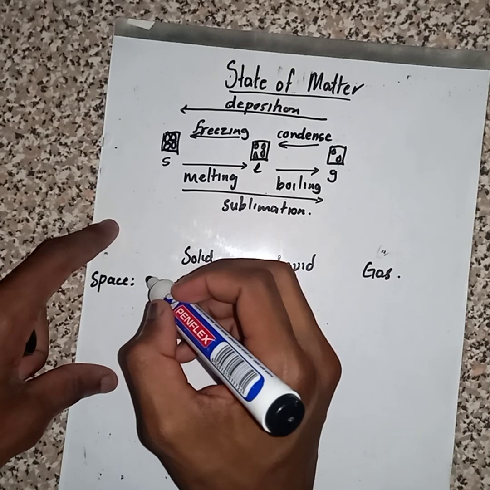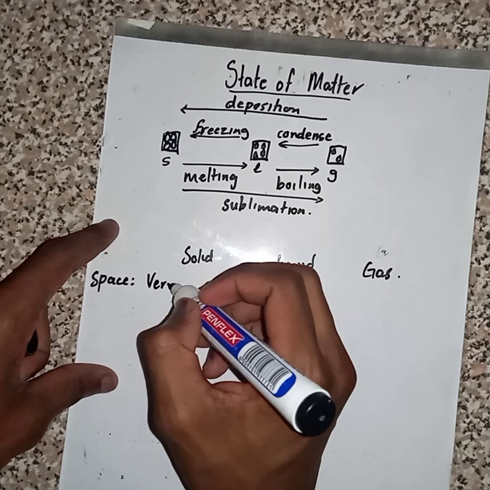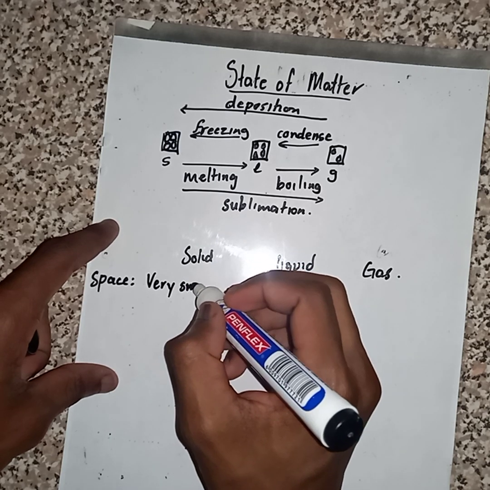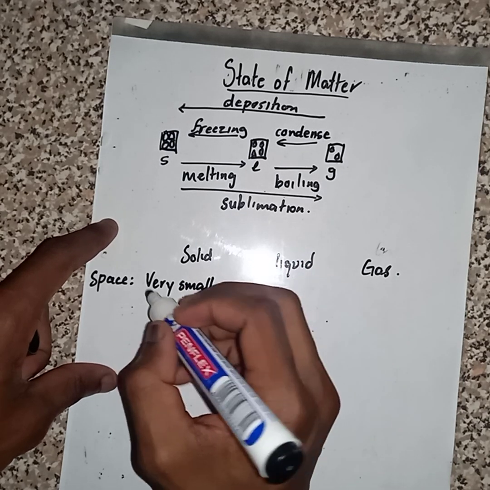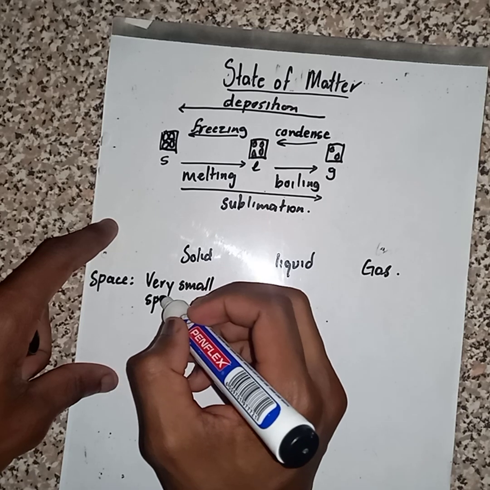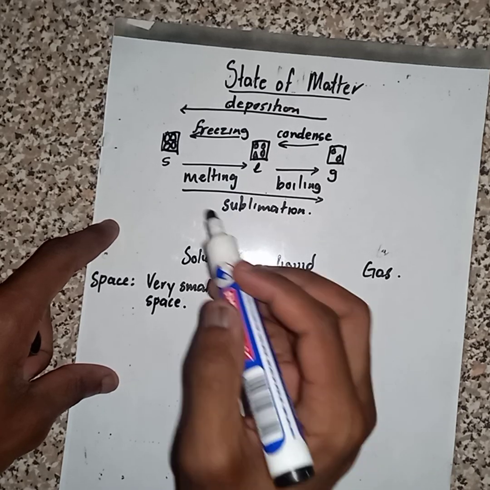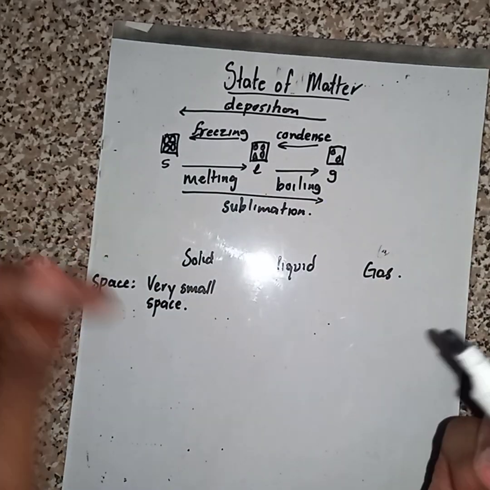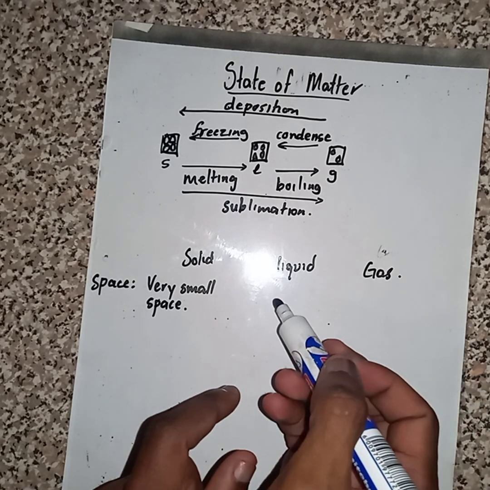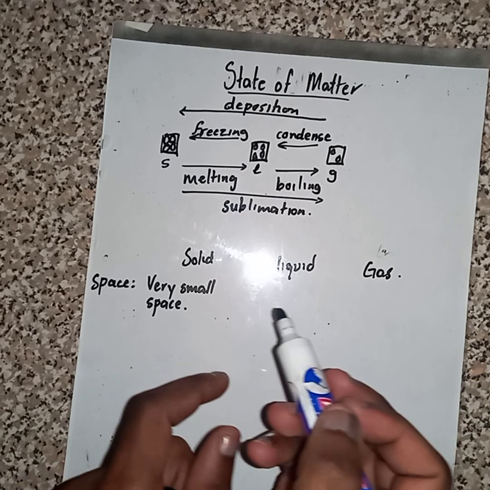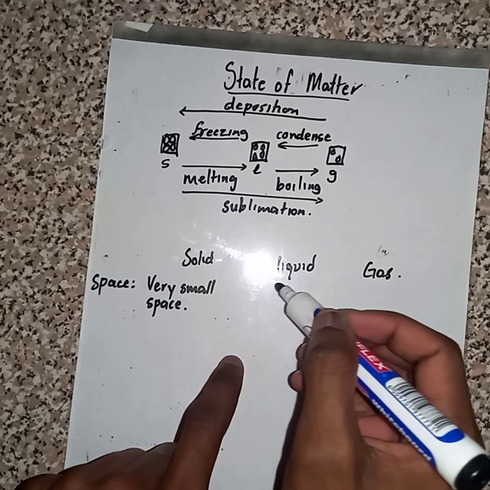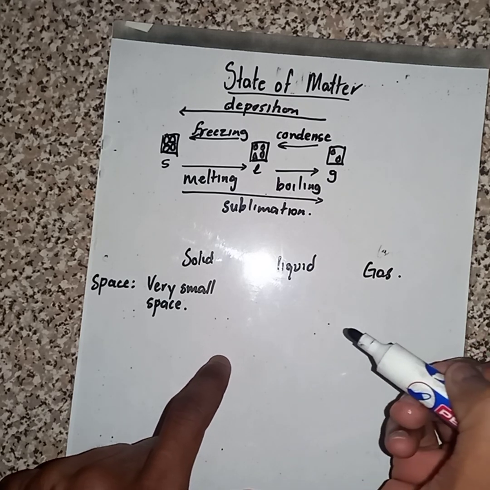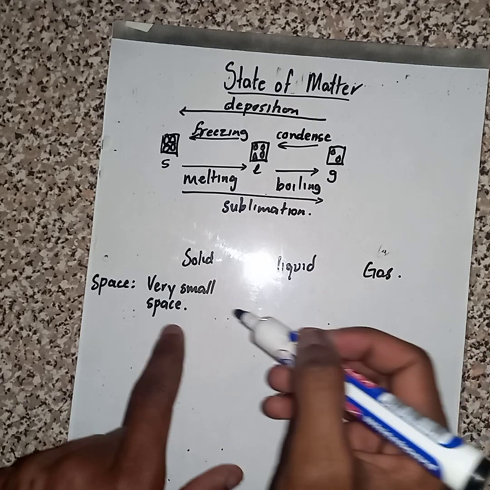As for solid, we know that there are very small spaces in between. You see, there are very small spaces in between. As for liquid, the spaces of a liquid, they are more than of what?